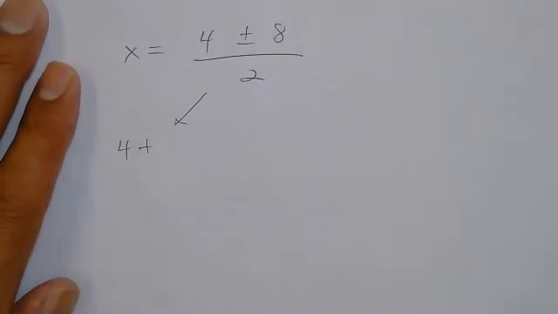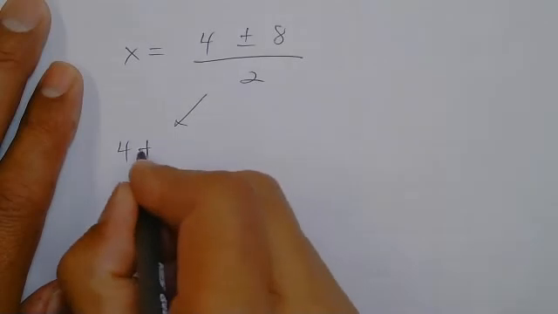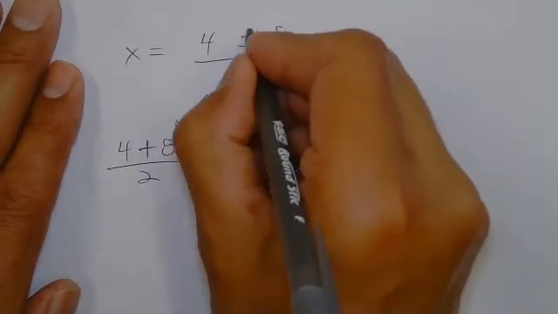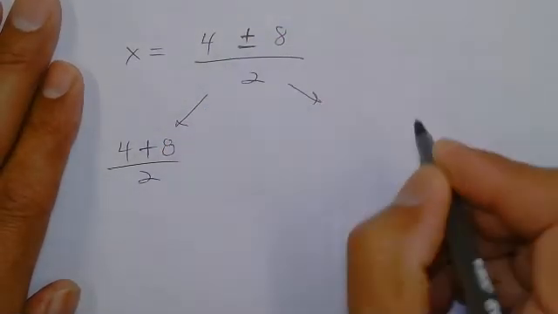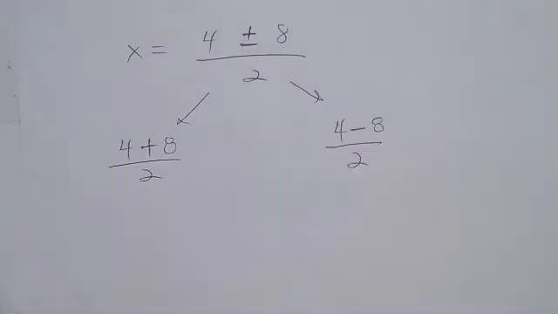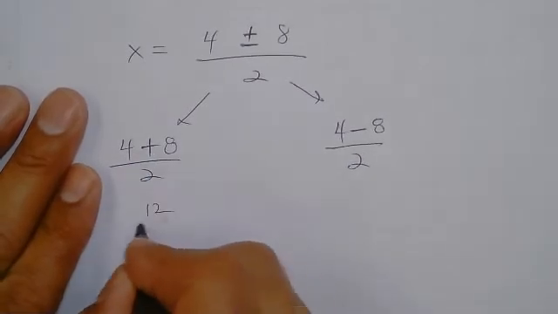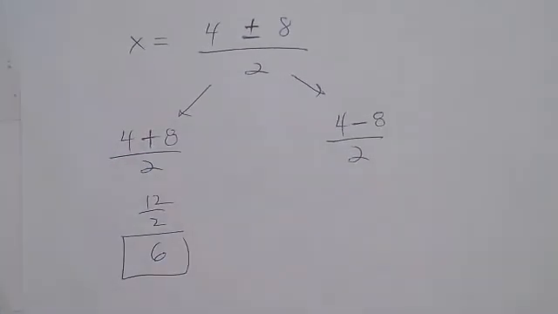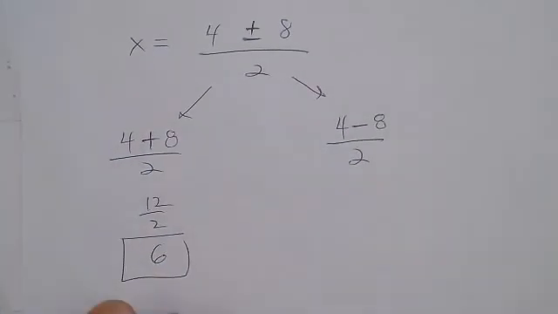Here, there are 2 problems here. What is one of them saying? 4 plus 8, and then divided by 2. And the other one says what? 4 minus 8, and then divided by 2. See, you're going to get those 2 answers like that. So I think we can finish this now. This one's going to be 12 divided by 2.